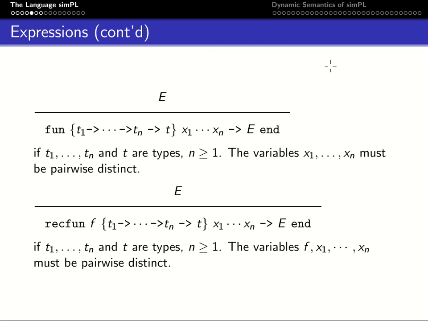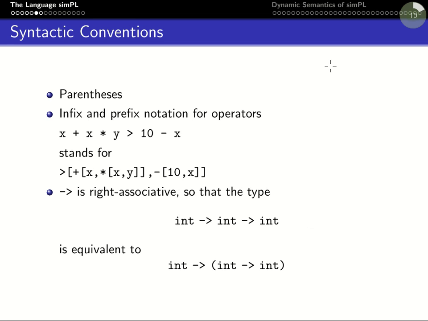Cool. Same restriction. x1 up to xn have to be pairwise distinct, and f also has to be distinct from all the x1 up to xn. Cool? Everybody's happy? All right. So again, whenever we talk semantically about our expressions, we're going to ignore parentheses.